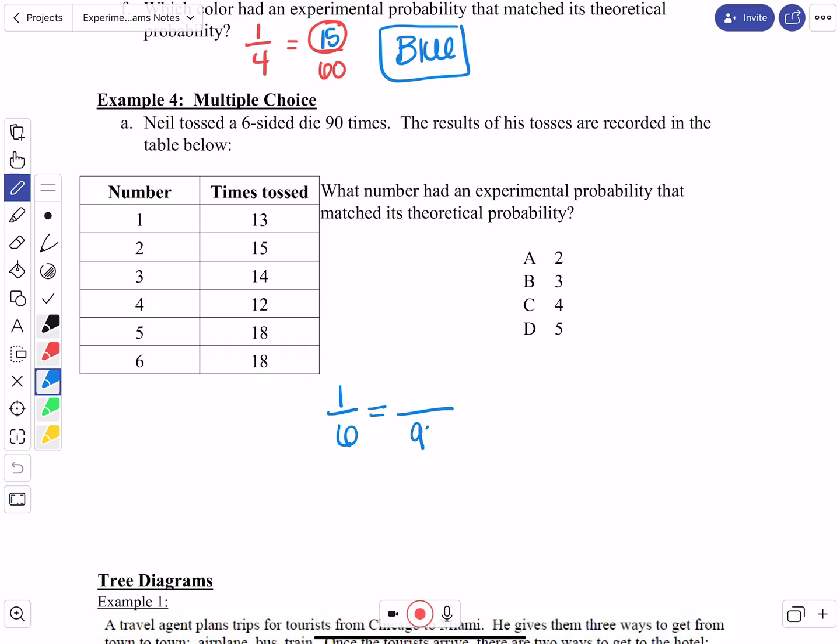And since it's 90 times, we are trying to figure out the number that goes right here. So we work backwards just like we did up here. We're just doing 90 divided by 6. So 90 divided by 6 is 15. So we're looking for the number that got a 15, which is the 2. So 2 is our answer.